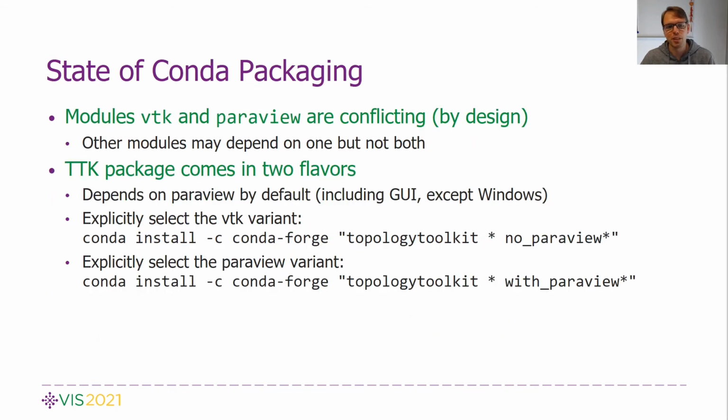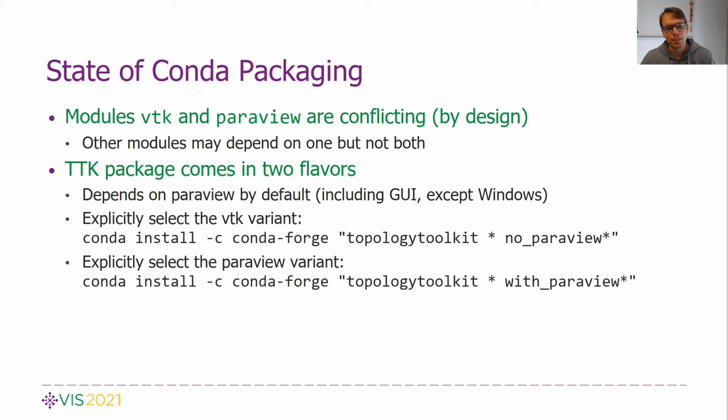A few words about the current state of Conda packaging. Packaging has the challenge that the VTK and ParaView packages are conflicting, and this is on purpose because ParaView comes with its own VTK library that is not compatible to any stable version of VTK. And the implication of this is that there are other third-party modules that may depend on one but not the other.